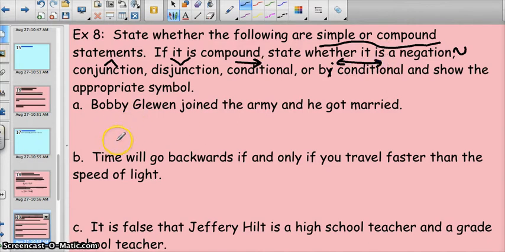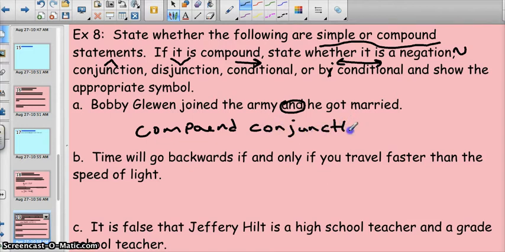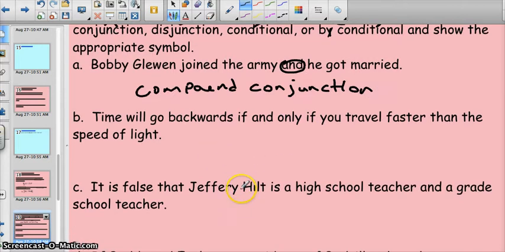Here we go. "Bobby Gluen joined the Army and got married." There are two different statements going on there, which makes it compound. In addition, you'll notice that "and" word, which makes it a conjunction. So together, it is a compound conjunction. That's how we classify. Pretty easy stuff. Continuing, "Time will go backwards if and only if you travel faster than the speed of light."